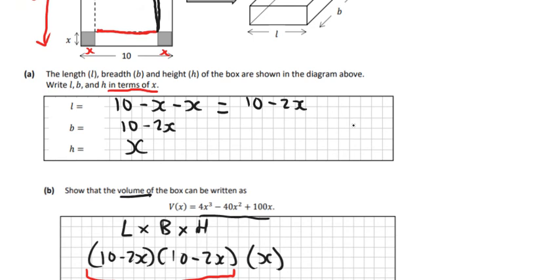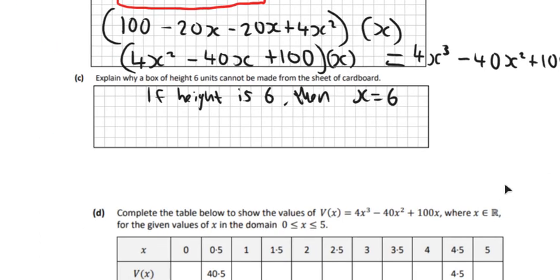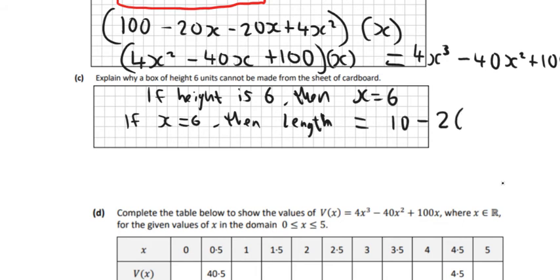Think about what the length and the breadth are. They're 10 minus 2x. So that's what's going to be the problem here. If x equals 6, then the length, or you could put breadth there if you want, equals 10 minus 2 times 6.